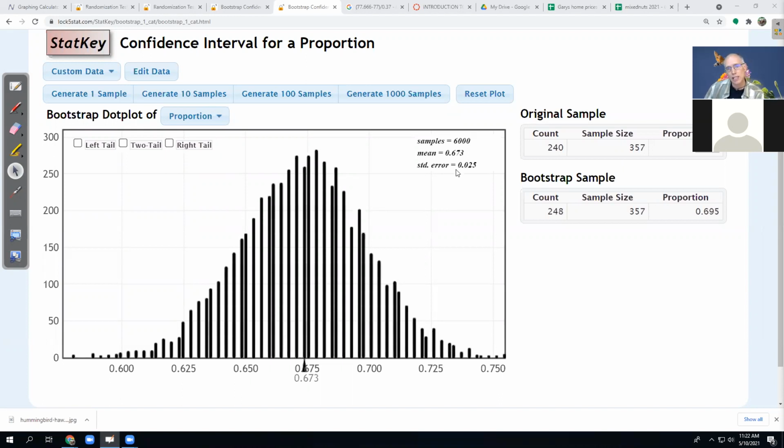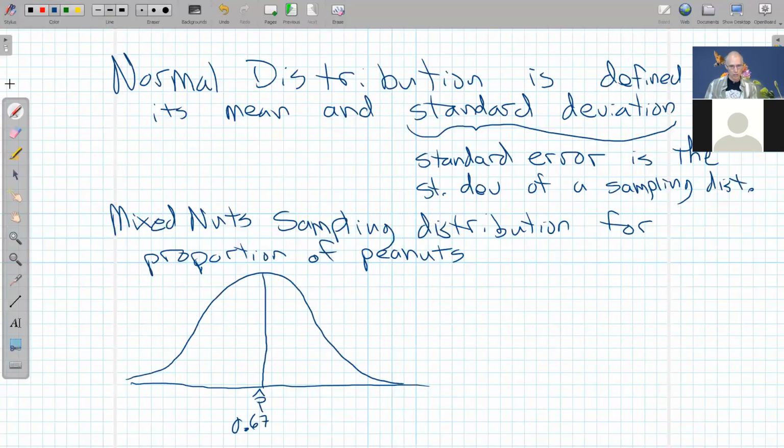And according to StatKey, the standard deviation for the sampling distribution is about 0.025. That would be the measure of its spread. So to define this particular normal distribution, I just need to know its center and its spread. In this case, its spread would be this standard error, which is 0.025.